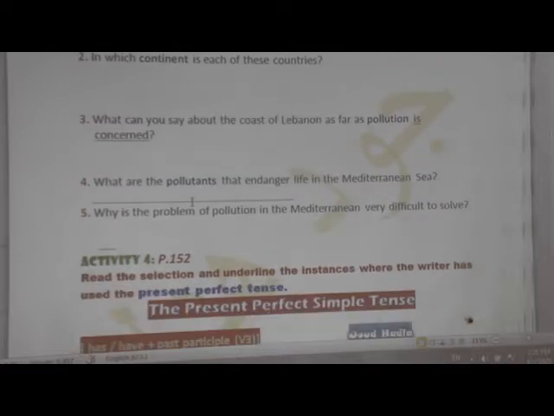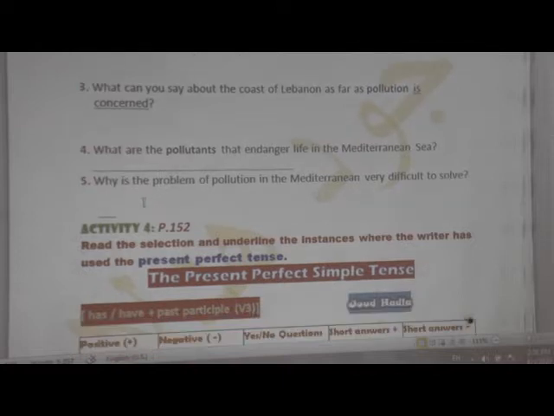Question 4. What are the pollutants that endanger life in the Mediterranean Sea? 5, the last question. Why is the problem of pollution in the Mediterranean very difficult to solve? Why is it difficult to solve this problem?